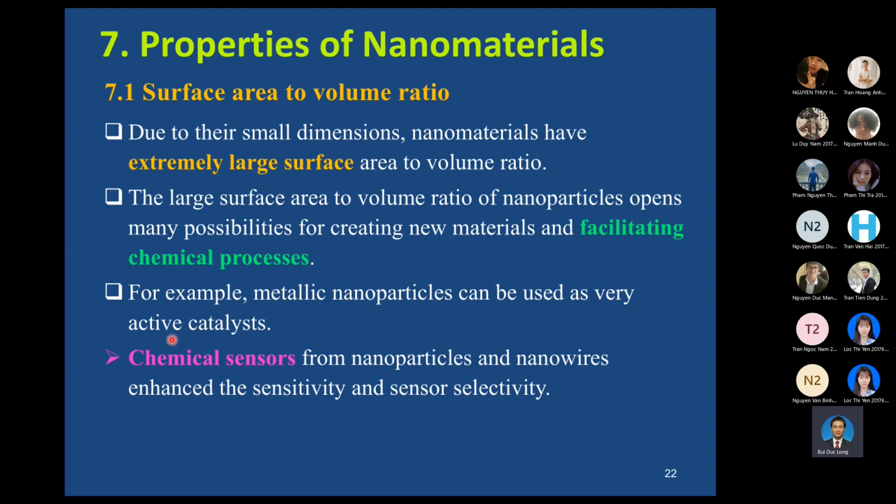I will give you one topic for presentation: the application of nanomaterials for sensors, for chemical sensors. It can also be a sensor for other applications, not only chemical, for light sensors also. With nanomaterial scale, the sensor is more sensitive, works more precisely, and can detect a larger range of different elements, materials or gases.